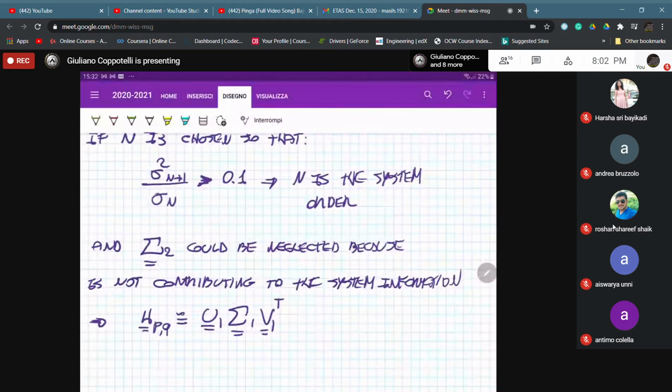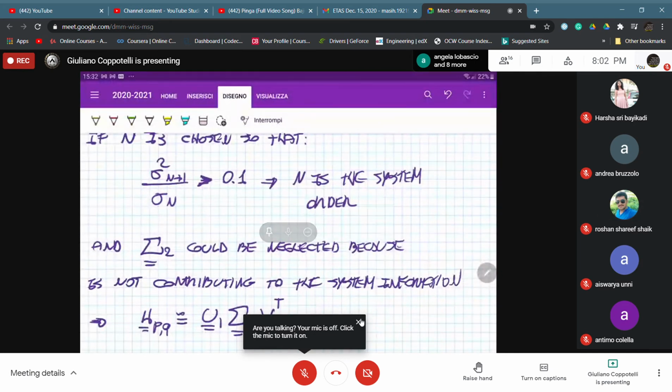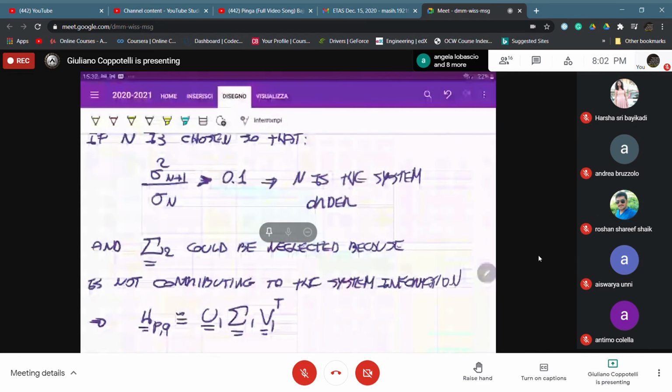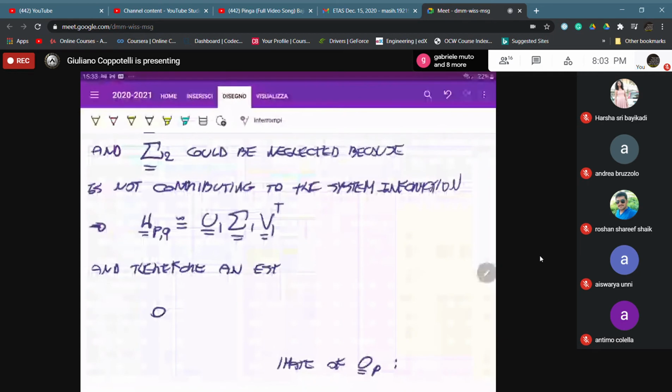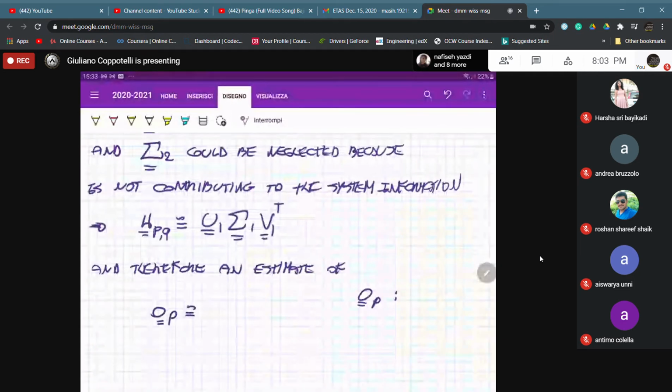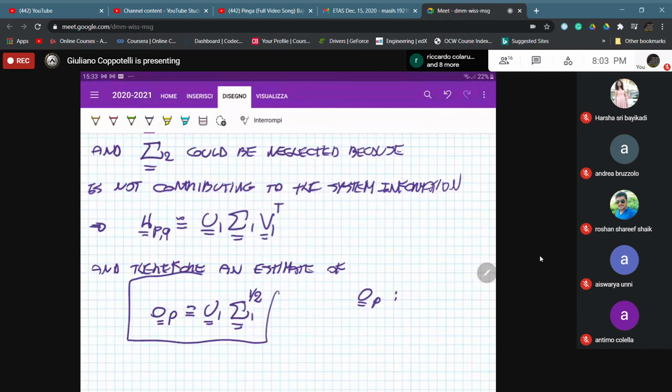Okay, and therefore an estimate of the observability matrix is given just by OP, the observability matrix, which is practically equal to U1 times Sigma 1 root square. Okay, and you are done.